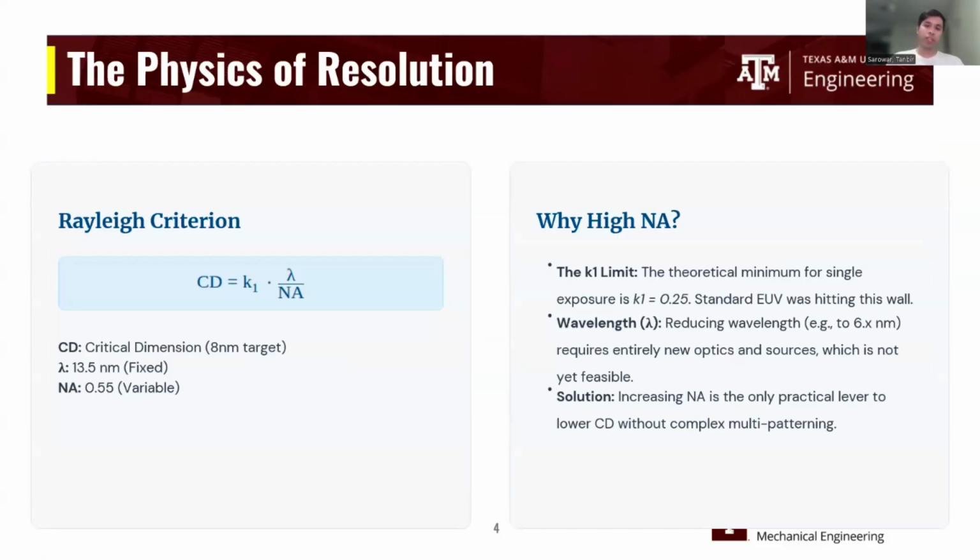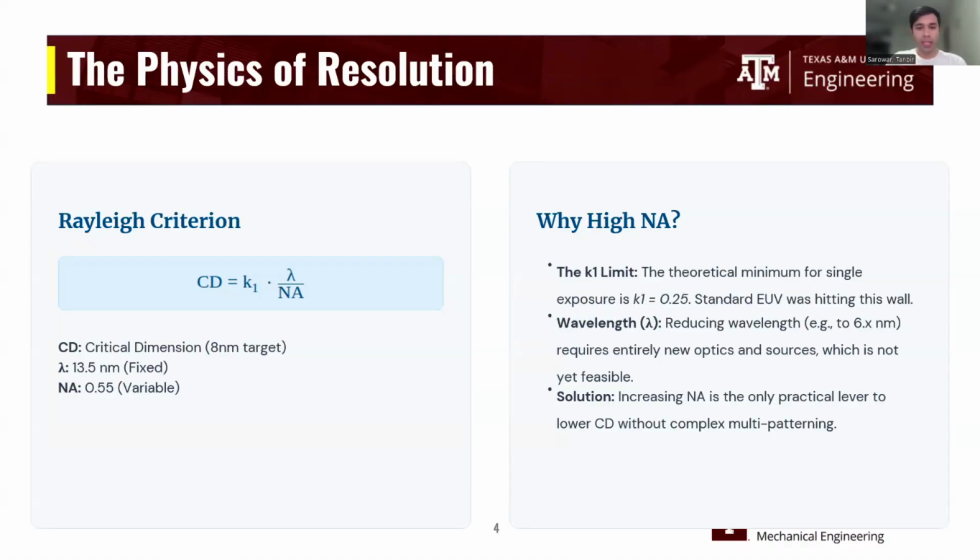Okay, so to understand why we need high NA, we have to look at the governing equation of lithography. On the left is the Rayleigh criterion, the basis of all the lithography improvements over the years. There's the critical dimension, which is the smallest feature we can print on a silicon wafer, and it's directly related to the process factor, the wavelength, and the numerical aperture.